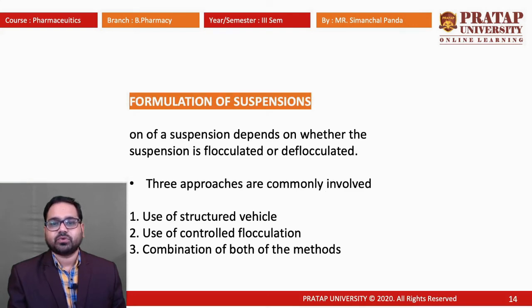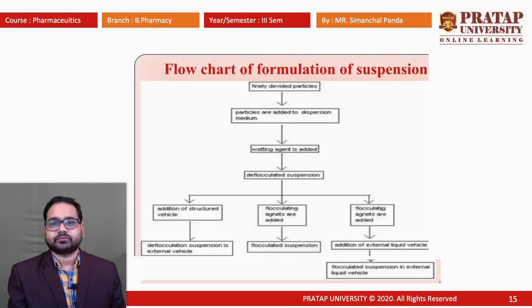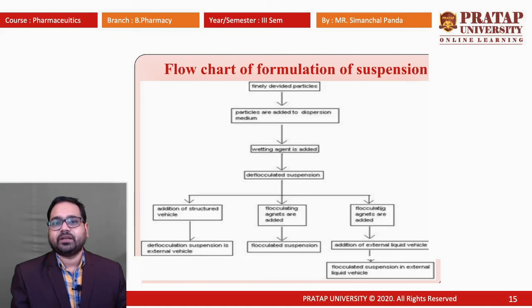How can we go for the formulation of a suspension? There are three approaches commonly involved: the structured vehicle, the use of controlled flocculation, and a combination of both methods, as we will discuss in the next slide. Here, finely divided particles are used, then the particles are added to the dispersion medium.